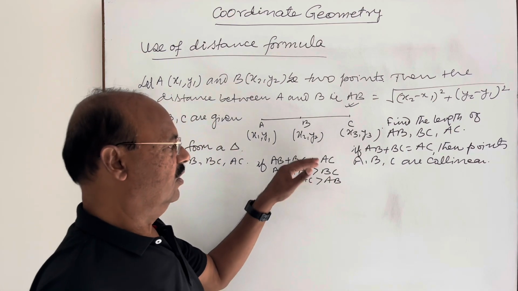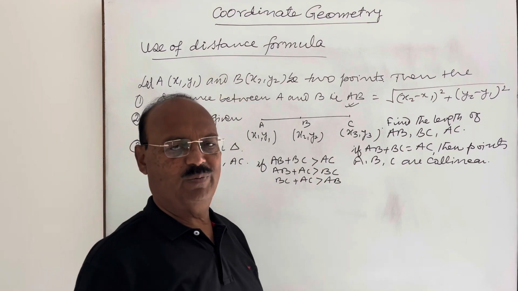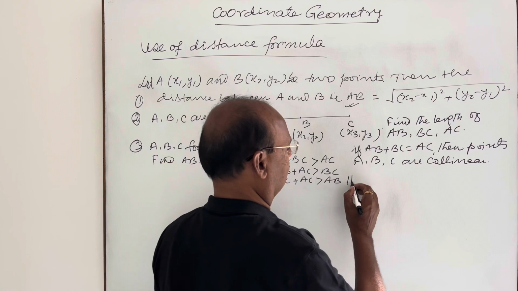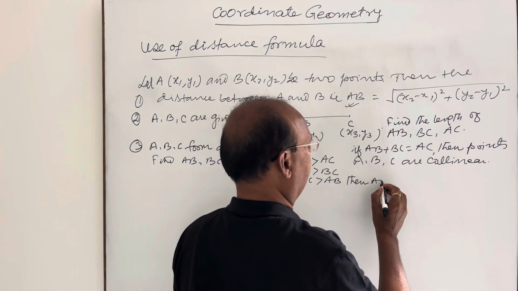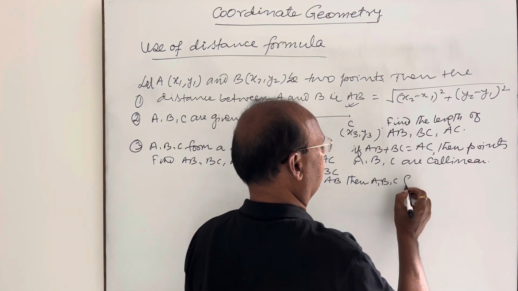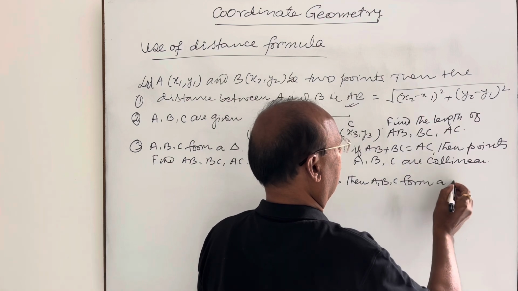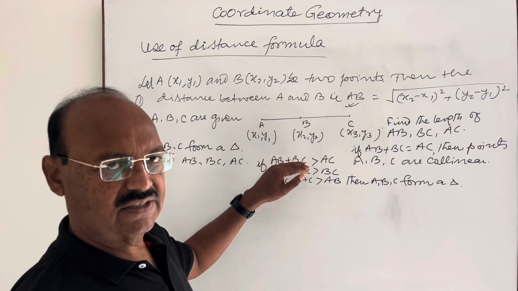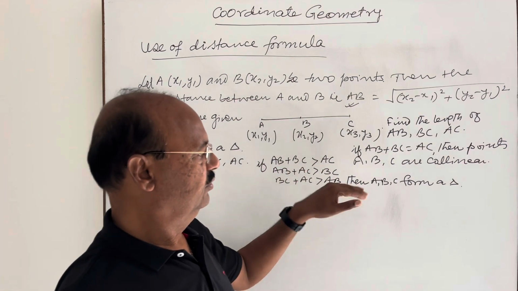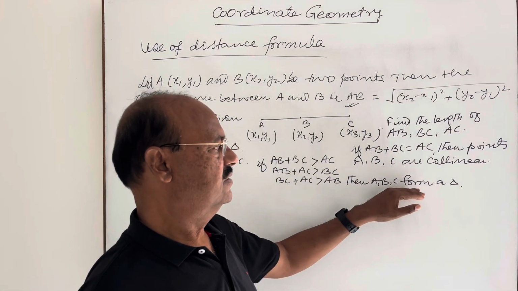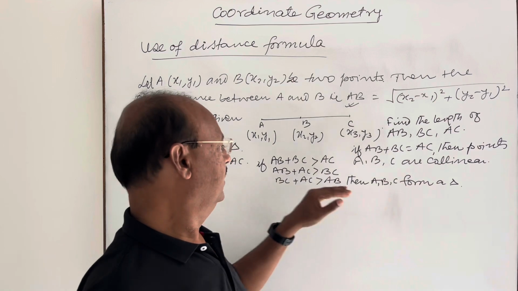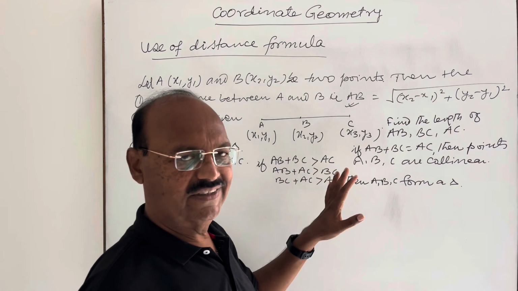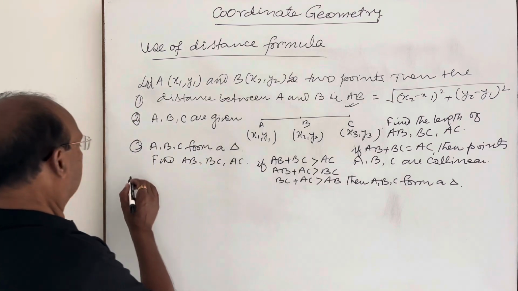If any one of these 3 cases takes place, then it will prove that A, B and C form a triangle. If any one case takes place, we can prove that the points form a triangle, and in that case, the other two cases will also take place. Correct? Third, then fourth.